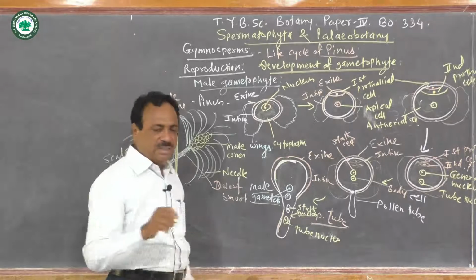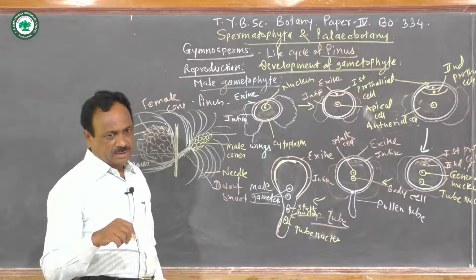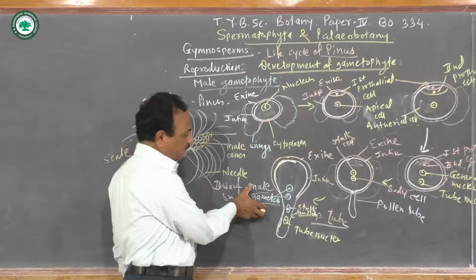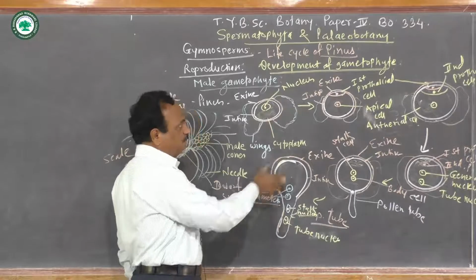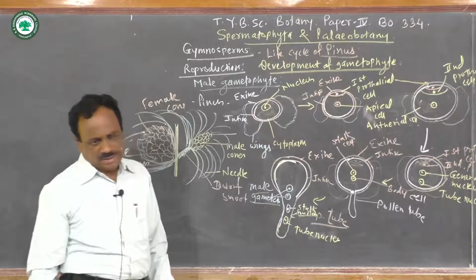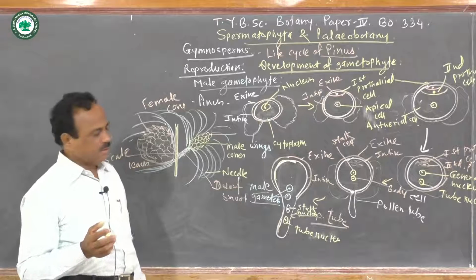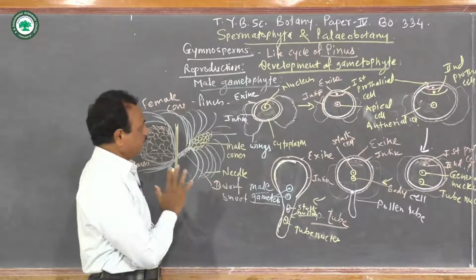That egg is present in the archegonium in the female gametophyte. The formation of male gametes from the germination of the pollen grain is known as the male gametophyte. So here the male gametophyte is formed.